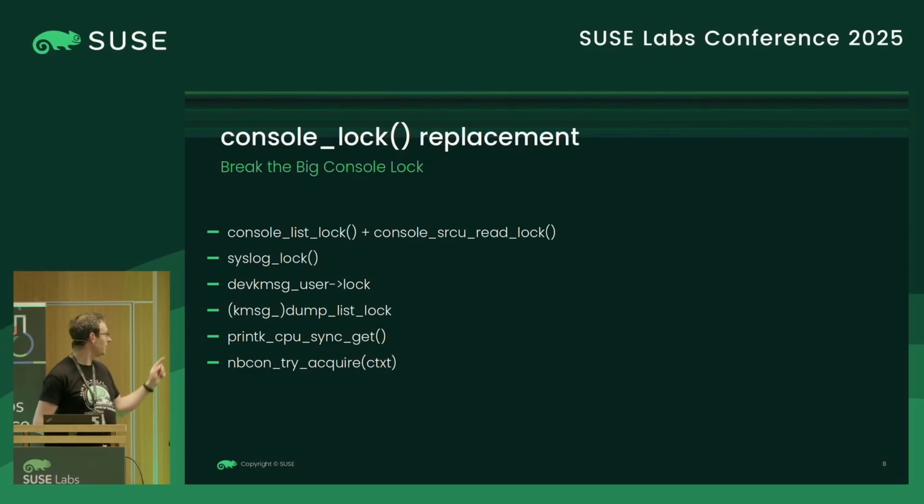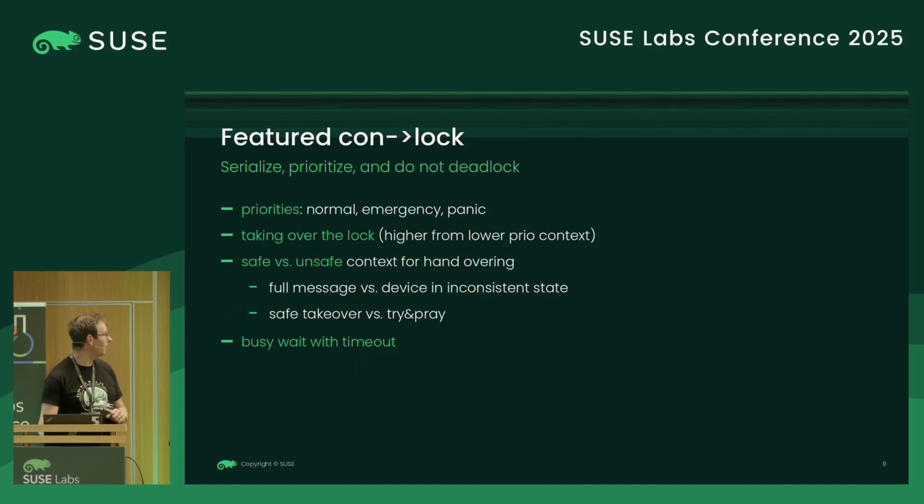And we also created a special lock, which I'm going to describe, which allowed a safer and more reliable takeover, like flushing the messages in the emergency and panic context.